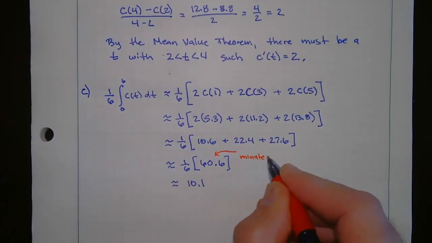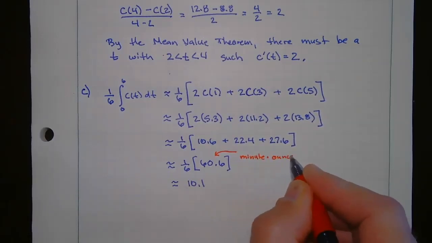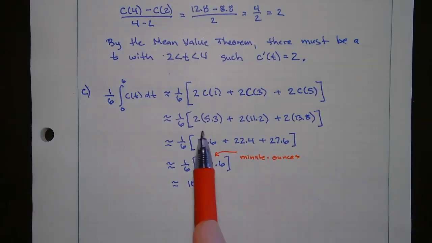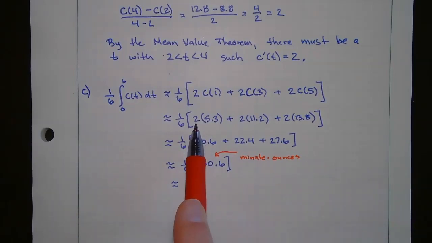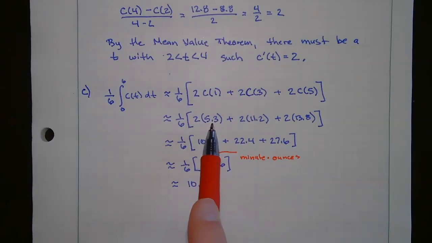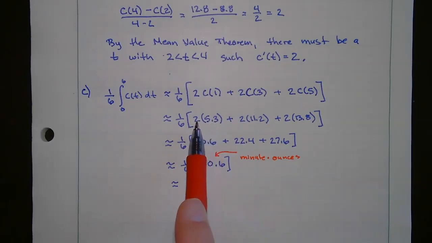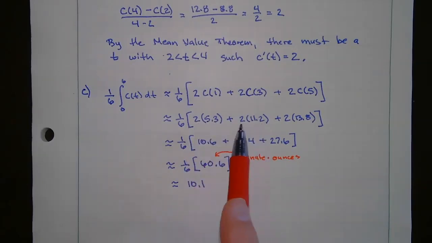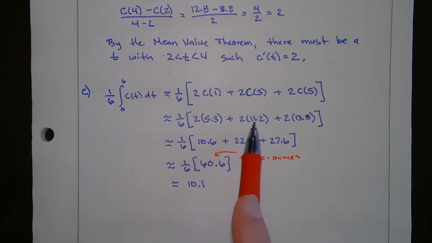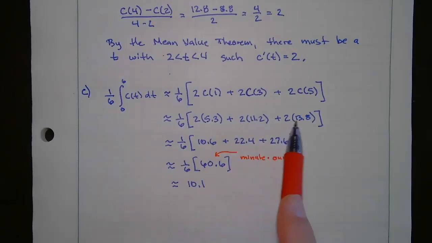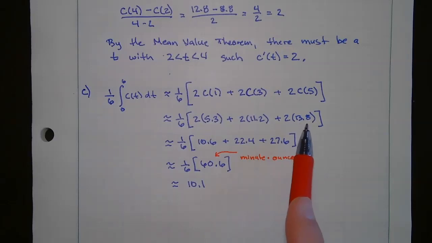Minute times ounces. Why? Okay, so recall that this 2 right here was actually minutes, right? And the 5.3 was ounces. So this is minute ounces. When you multiply them, you get minute ounces, right?